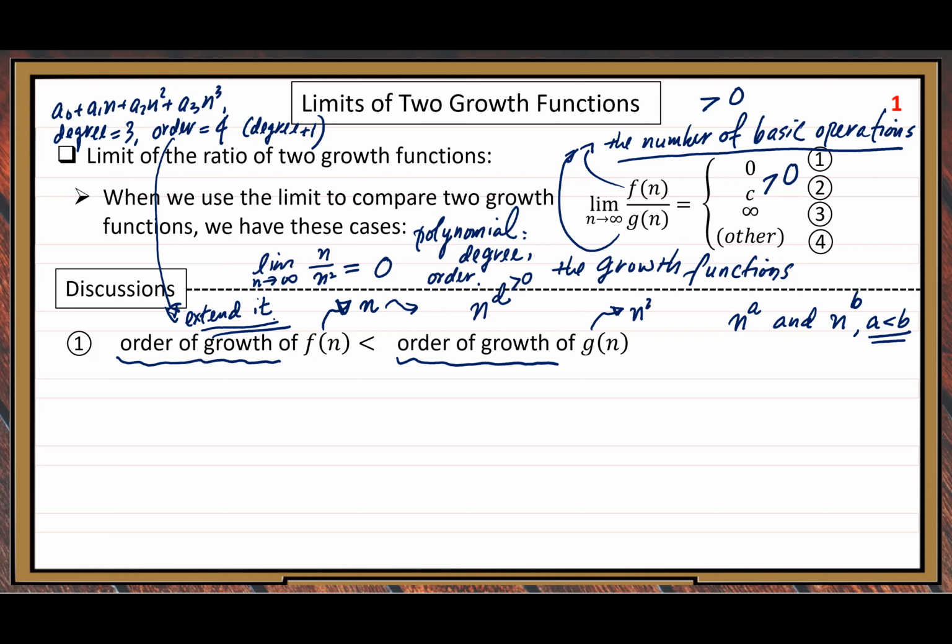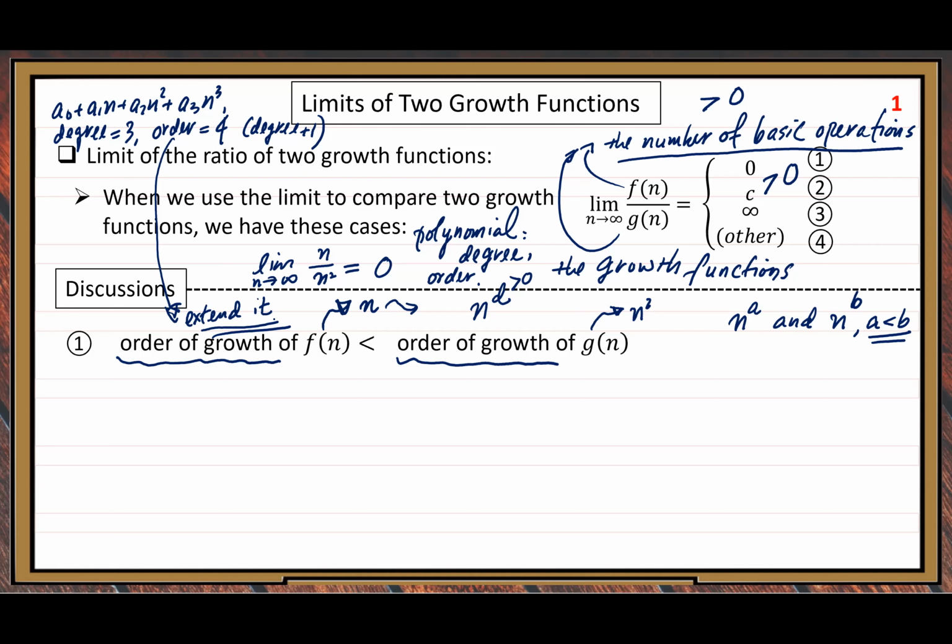Our growth functions could be non-integer values. So that's the reason we extend it. We allow the order of our growth functions to be non-integer positive numbers.